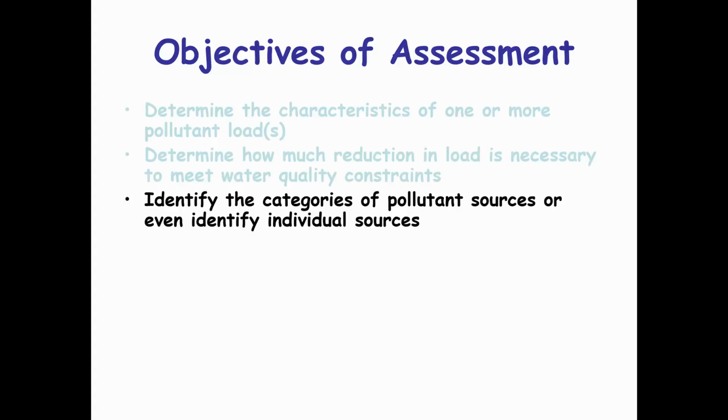Here we want to identify then the categories of pollutant sources, or even identify individual sources. So that would be part of the assessment procedure. So if you're looking at sediment, you'd want to know, is the sediment coming more from stream banks, bluffs, ravines, or from, let's say, fields, or from the surface area of soils that might be because of construction sites or because of agricultural practices, or maybe forestry practices.